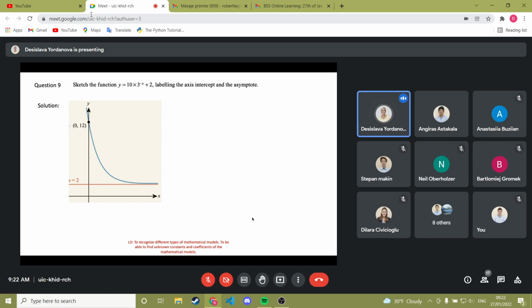Looking at the equation, no, because the first part, the exponential part, can never become 0. A number to any exponent is always a positive number. It never becomes negative or 0. So the first part cannot become 0 and y cannot become 2. Any other questions?